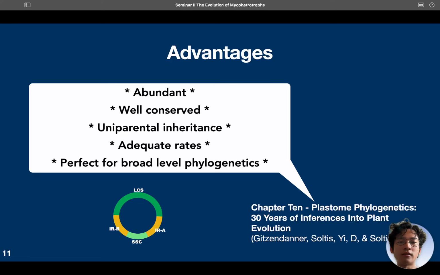Still, it is diverse enough at the intergeneric scale, not inter-species, to compare in the phylogeny.